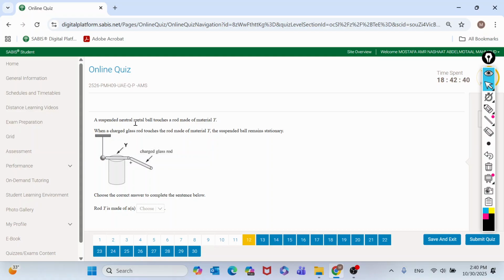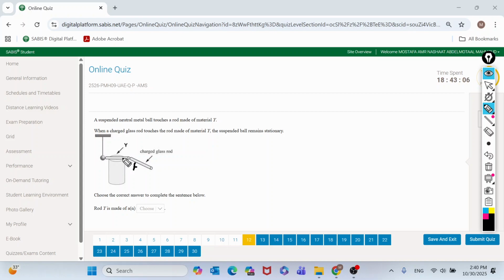A suspended neutral metal ball touches the rod made of material Y. When a charged rod touches the rod made of material Y, the suspended ball remains stationary. Choose the correct answer. Rod Y is made of... Okay, this is positive, and this is neutral.